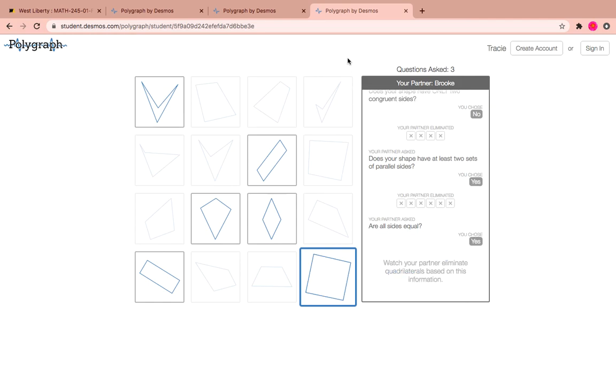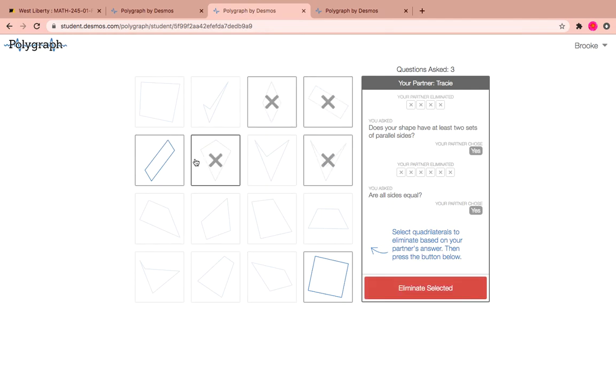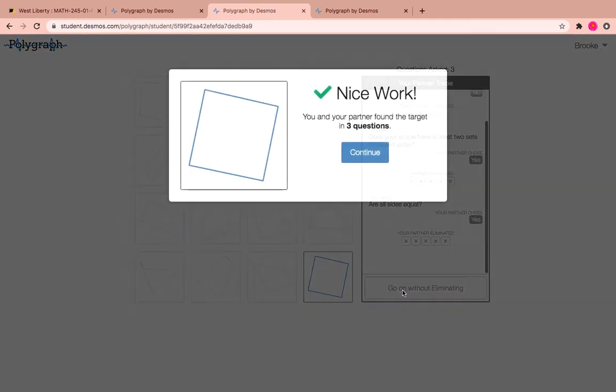Yes, they are. So we go ahead and say yes. So again, we're asked to eliminate based on our partner's answer. We can eliminate the rest of these. Once we click eliminate, we won. We did this in 3 questions, which is very good.